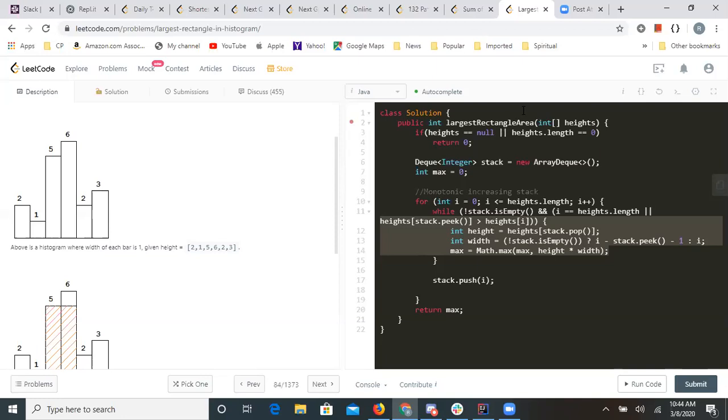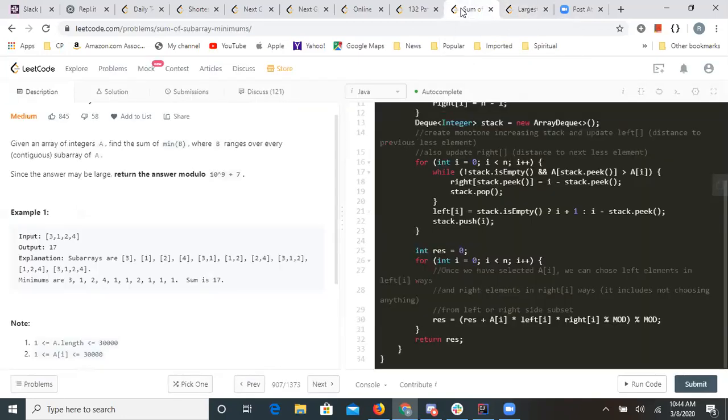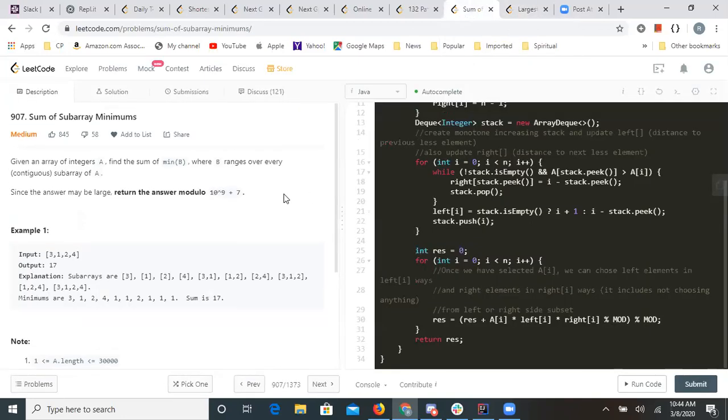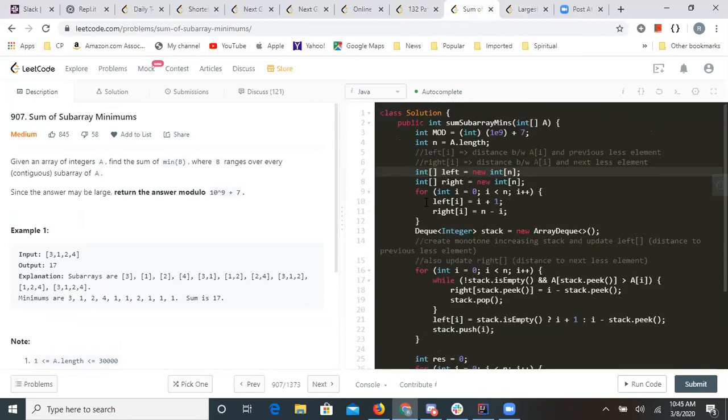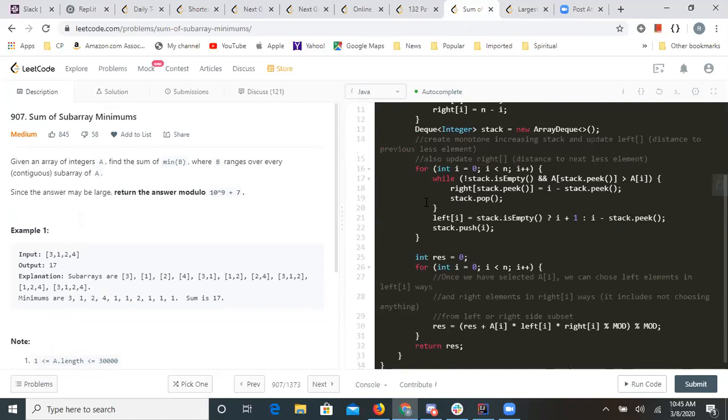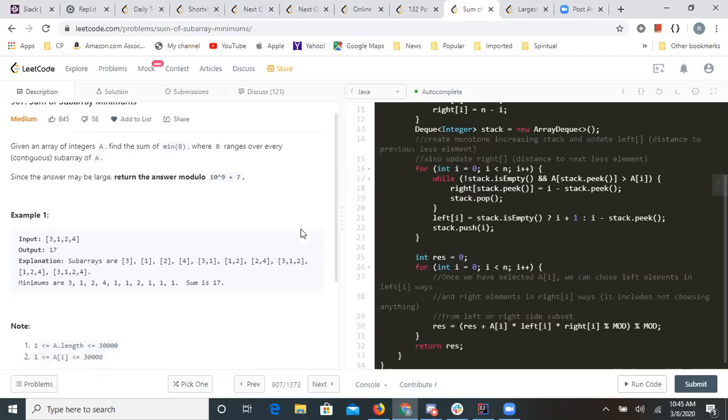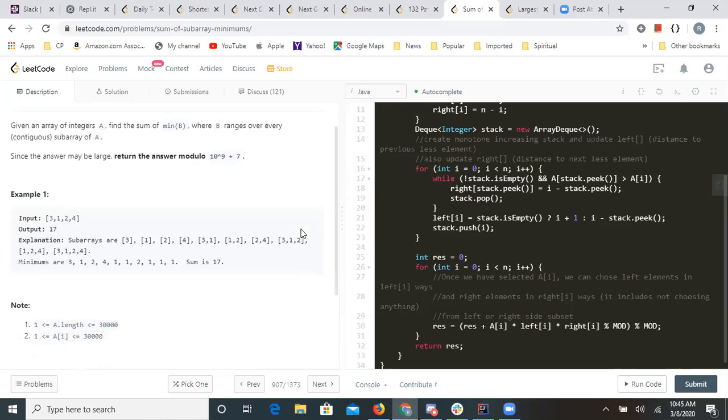So great. So with that, I think we will just do today's last problem. Actually, in my opinion, this was closer to a hard problem, by the way. It's a medium. So sum of subarray minimums. Let me try to share my screen.